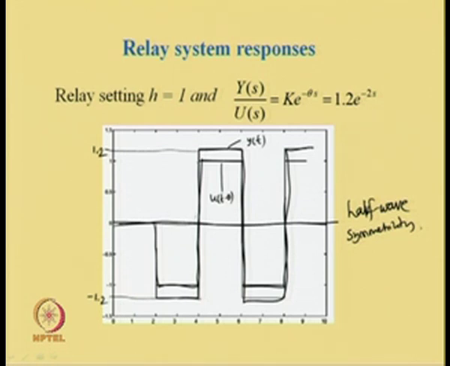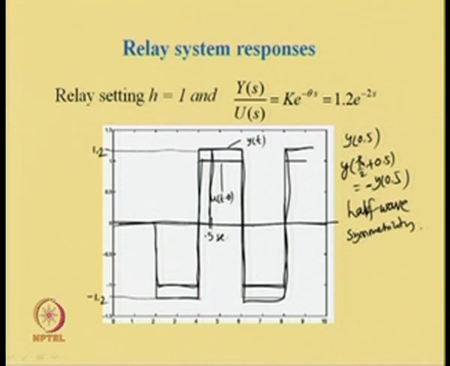Whatever output you get at time t equal to, suppose, 0.5 second here, the output you get at that time is y(0.5). Then the output you will get at Pu/2 + 0.5 will be minus y(0.5).